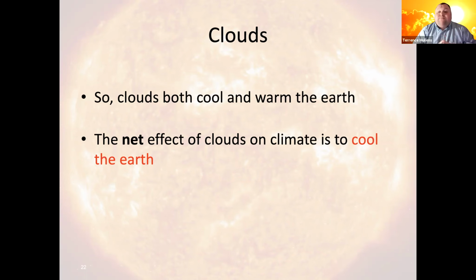And so clouds are believed to have an effect on that. If we see more clouds and they're low clouds, that may actually counteract some of the additional warming that we get. On the other hand, if we see more clouds and they're high clouds, that may actually amplify the warming that we're going to get.